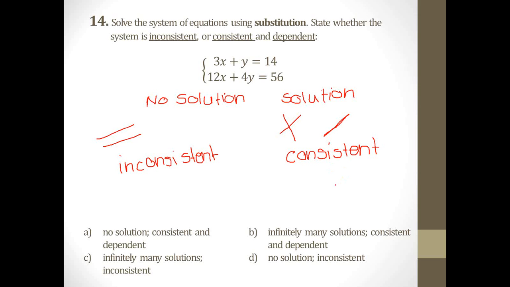By knowing this, you can already limit your answer choices to at least 2. And then we have to continue with the versions where we have solutions. If we have one single solution, this one here, it is an independent system.